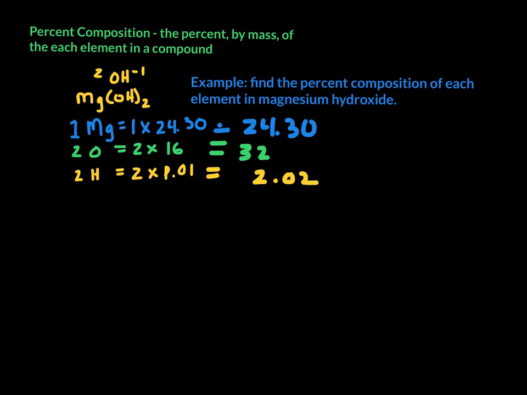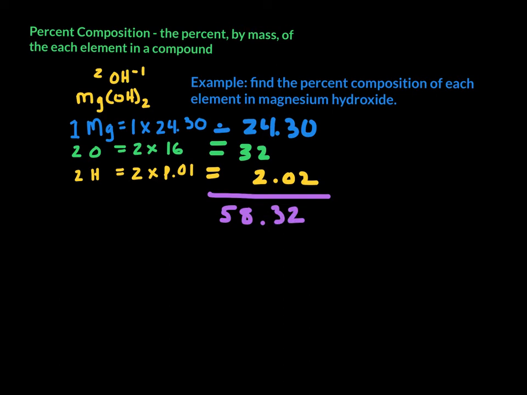Now we have to add all this up. And we're going to get a molar mass for magnesium hydroxide to be equal to 58.32, and that's grams per mole.